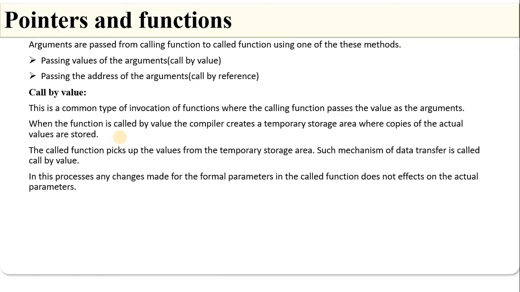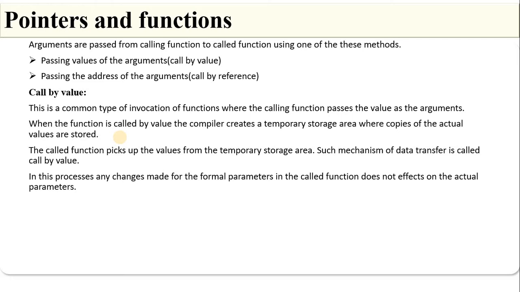Here, when you are trying to pass the values from the calling function to the called function, in other words, from actual parameters to formal parameters, then you are going to create copies of the actual parameters and store them in a temporary storage area.